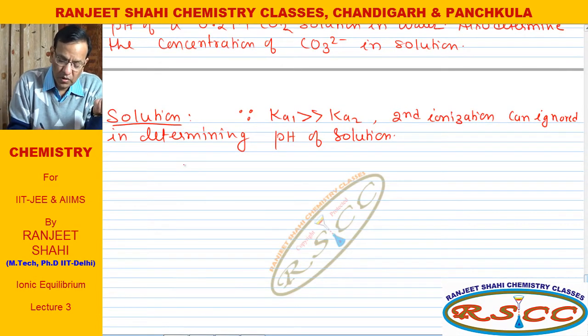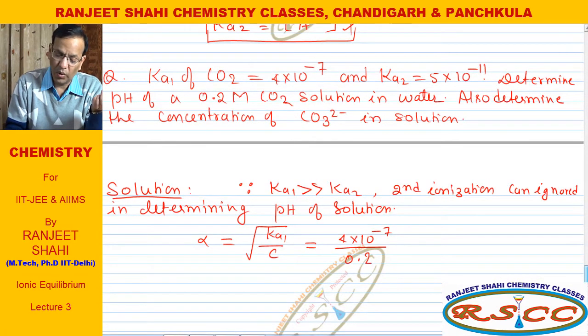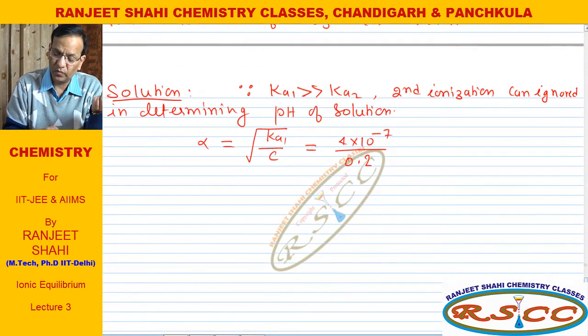Therefore, we just need to check for alpha, which will be equal to root under K1 upon C. K1 is 4 into 10 raised to the power minus 7 divided by C, which is 0.2, under root.